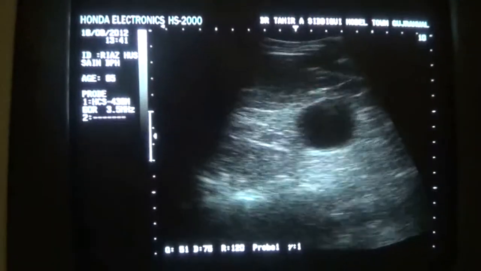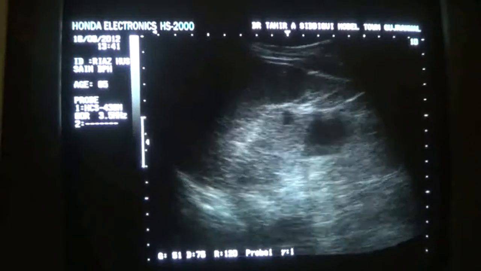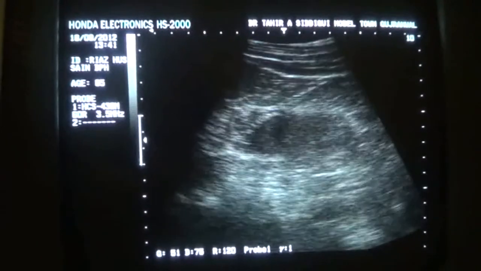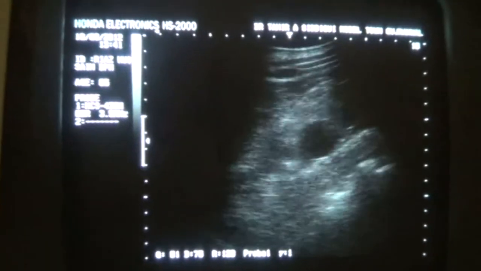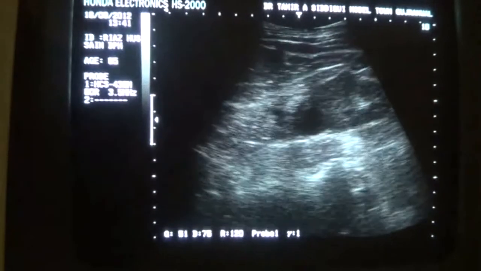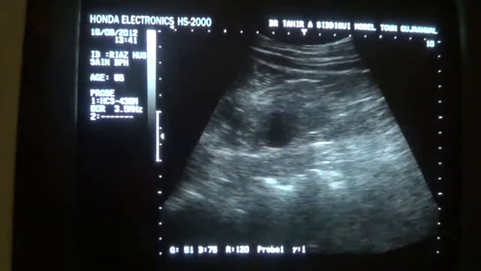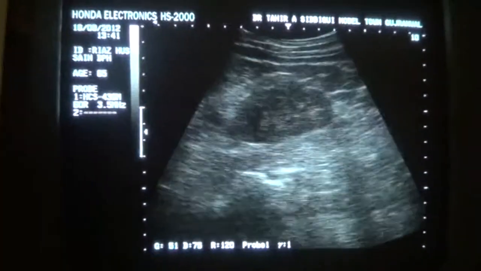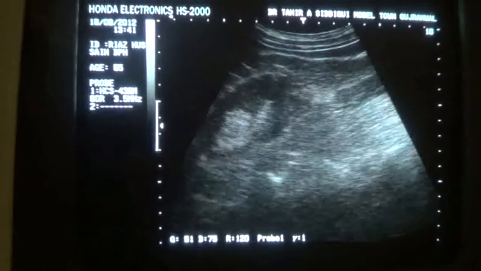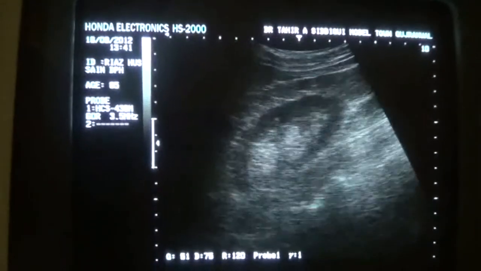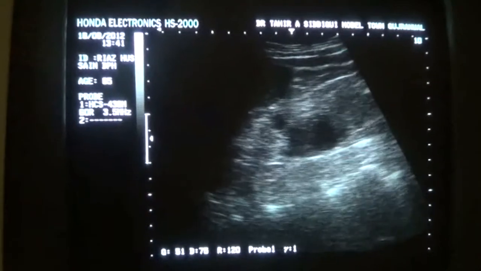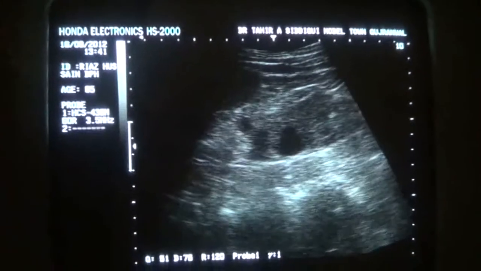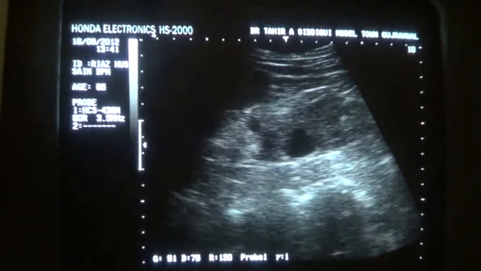And it moves with the kidney over the psoas muscle. Here it is at the upper pole of the left kidney. And it moves with the kidney over the psoas muscle.